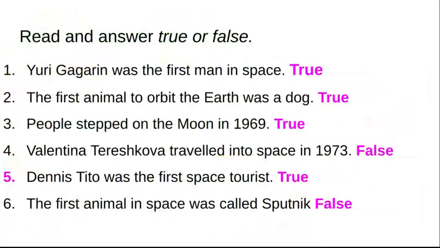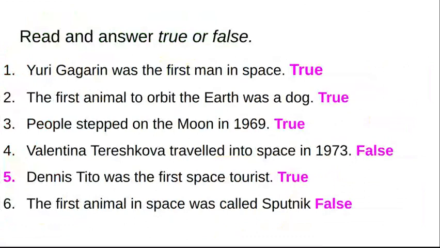True. Yes, it was Neil Armstrong. Number 4. Valentina Tereshkova traveled into space in 1973. This is false. If you go back, you will see that she traveled into space in 1963, not 73.